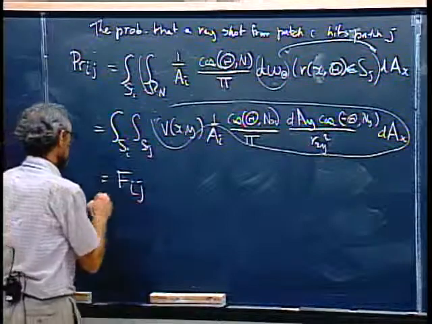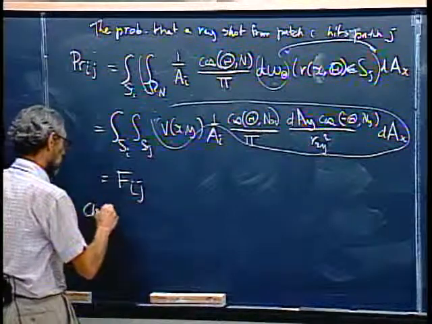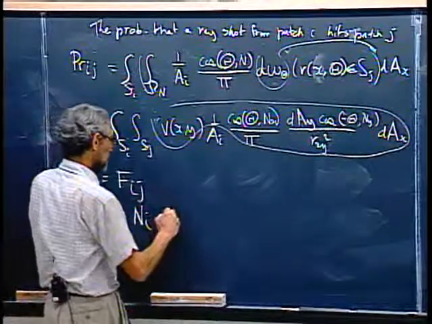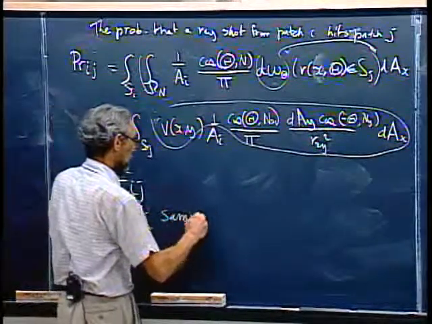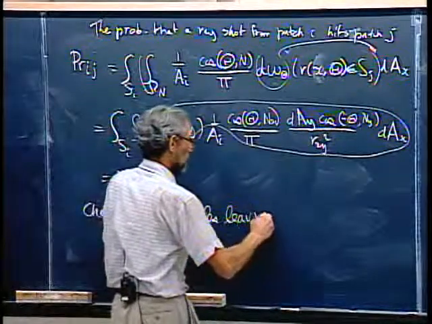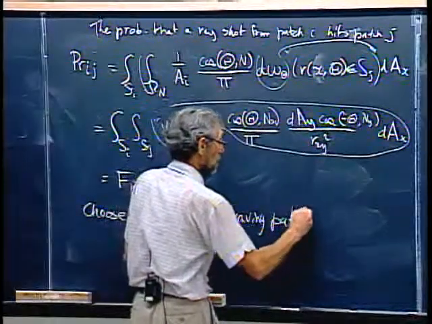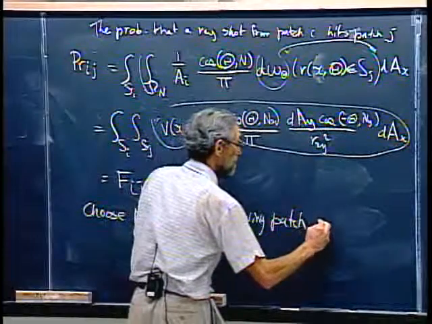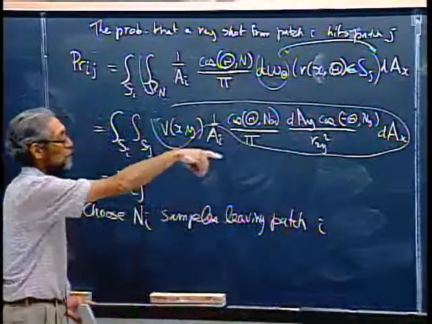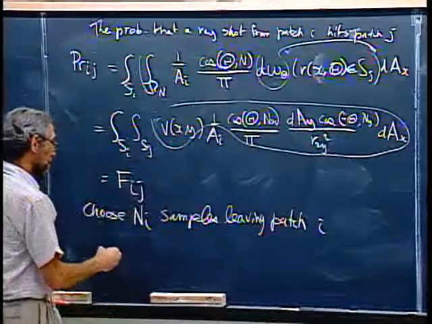So basically, we'll choose, say, Ni samples leaving patch, well, patch I, now I can see why. See, I shouldn't have changed my notes to J there.